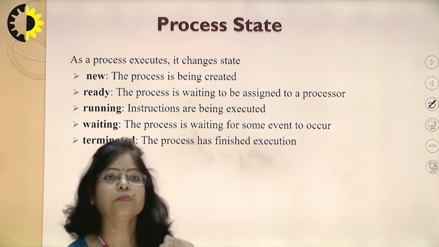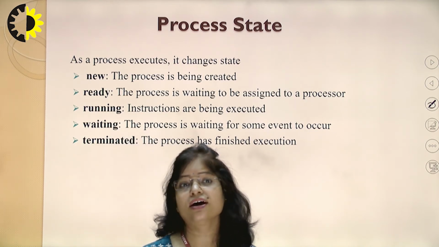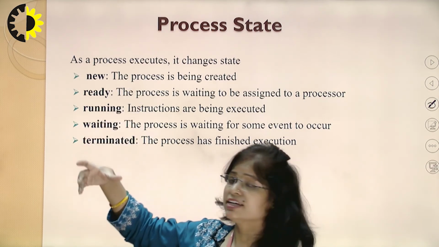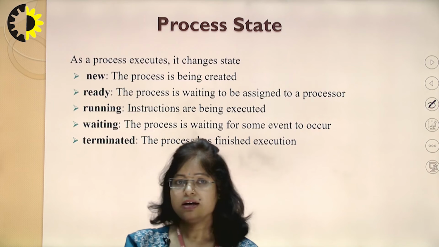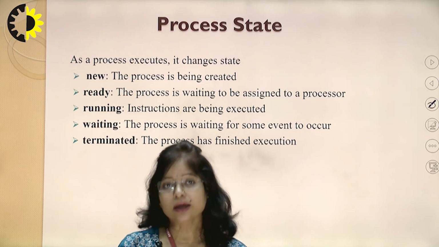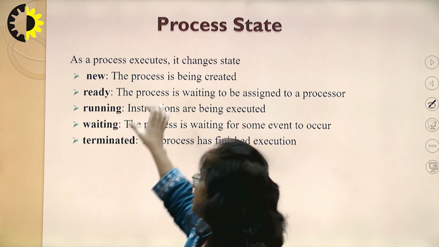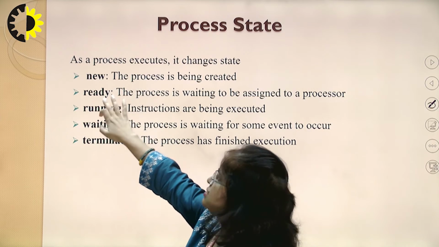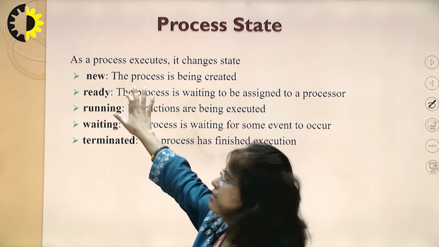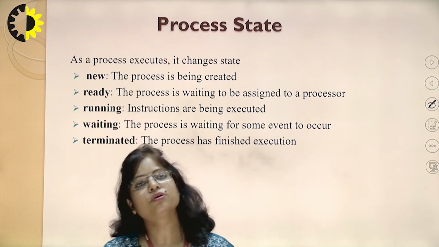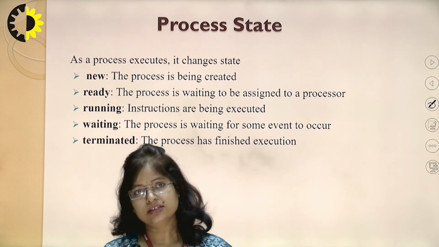When a process is ready for execution, it is allocated in memory but waiting for the CPU. So the process is in the ready queue, then it is in the ready state. The process is waiting to be assigned to a processor.